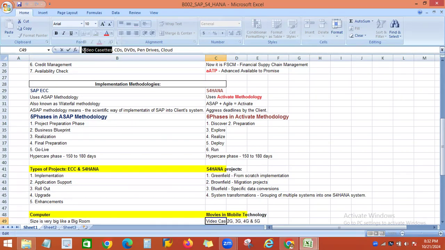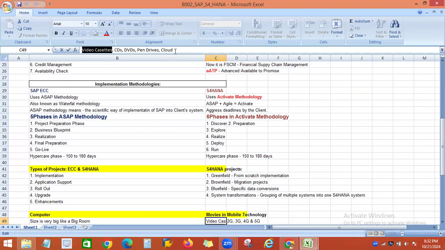Then we had the CD, then DVDs came, then pen drives came, and now cloud is there. Cloud means we take a subscription from Netflix, Amazon Prime, Zee5 and so on. The streaming is happening from the cloud, right?